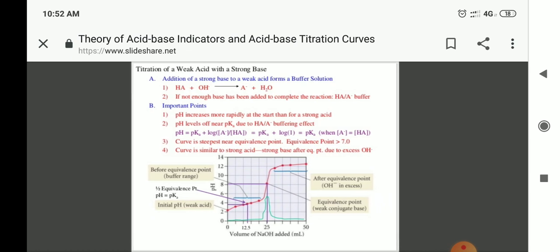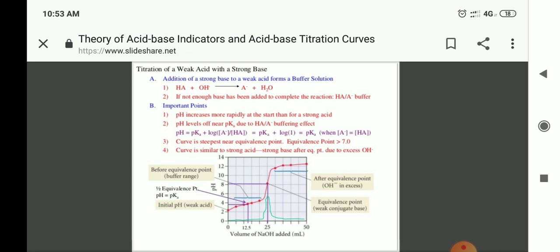Important points of the pH metric: pH increases more rapidly at the start than for a strong acid, then levels off near pKa due to the HA and A- buffering effect. pH is equal to pKa plus log of A- upon HA, which is equal to pKa plus log of 1, so pKa is the value for HA. The curve is steepest near the equivalence point, that is the pH versus volume of the NaOH solution added.